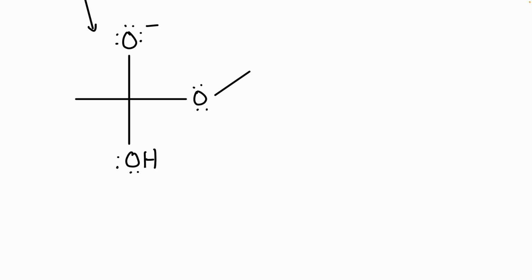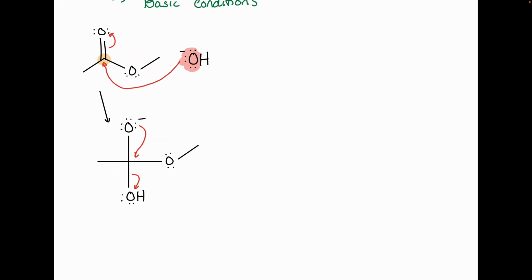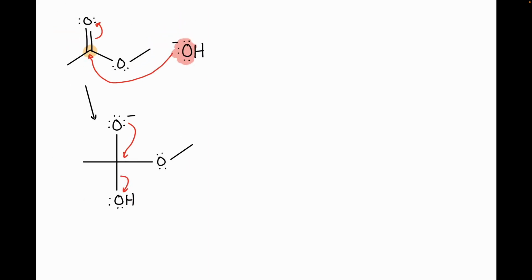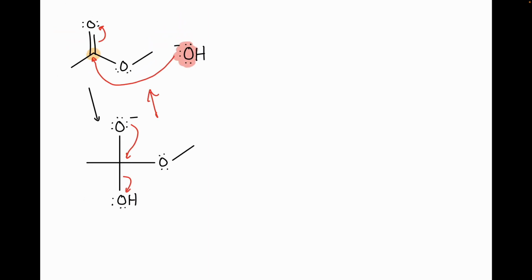However, if I did this step here, where would that take me? Right back to the beginning. So that will absolutely occur: a good 50% of these tetrahedral intermediates will take one step back. But the other 50% will take one step forward in our reaction progress and kick off that alkoxide ion.